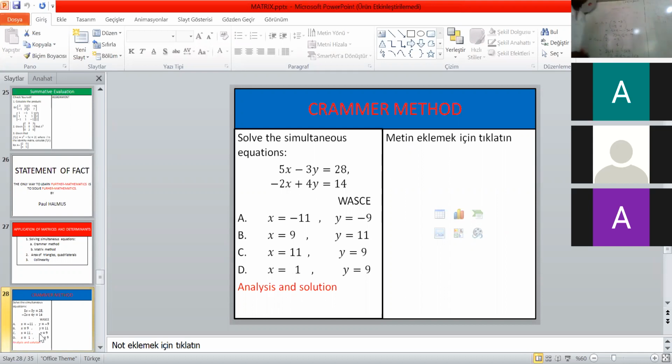If you copy down your equation, from equation 1 you have 5x minus 3y. Let's assume that we don't know the right hand side. I put in place of x 11 minus 3, 9. 5 times 11 is 55.